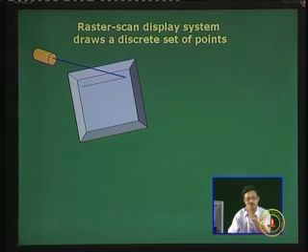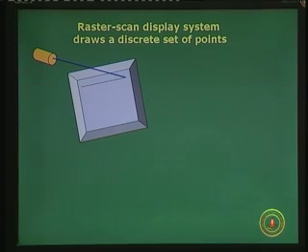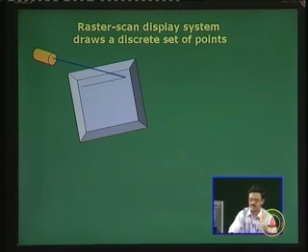Then there is a blue line coming out of the gun which indicates the electron beam, and the electron beam is moving horizontally across the screen. This rectangle which you see with a border, assume it to be a television screen or the monitor in which you are watching this lecture.